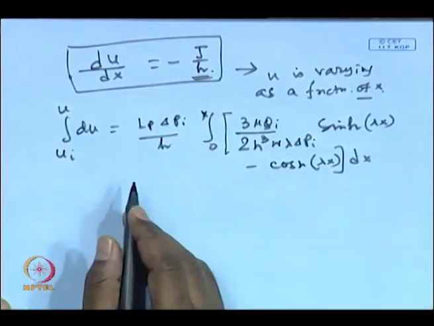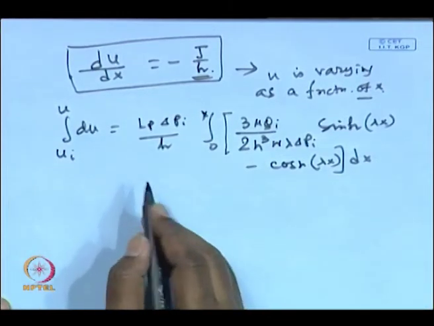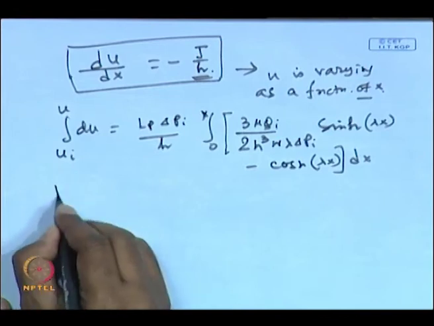If you carry out this integration and rearrange, you will be getting the profile of cross flow velocity.